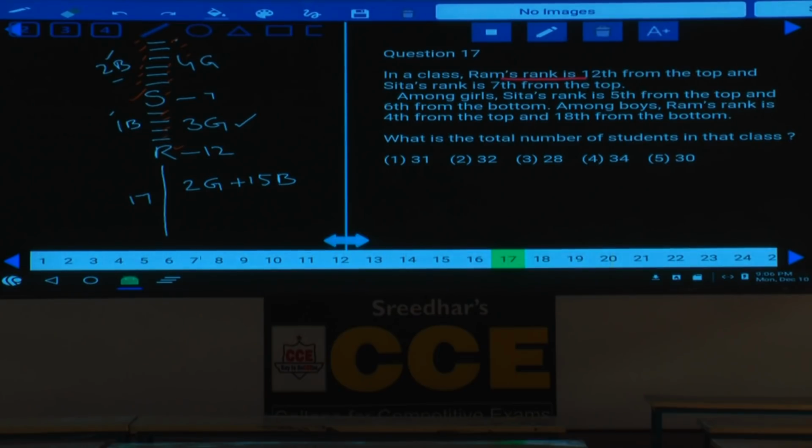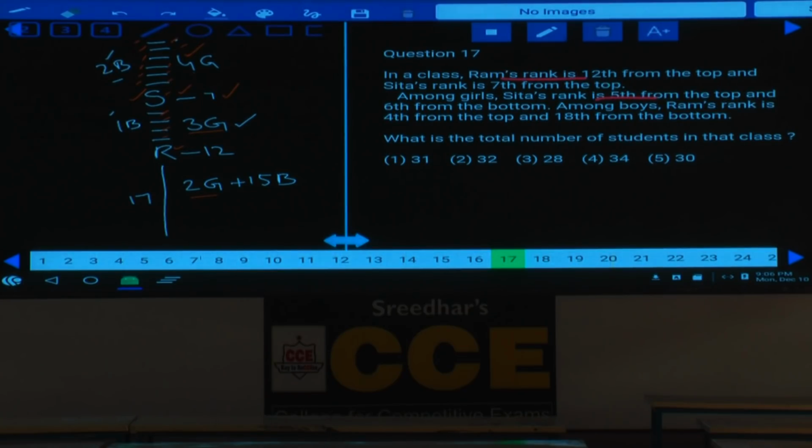Sita is 7th from the top, and among girls Sita's rank is 5th from the top. Now 4 girls are there, and 4 girls plus 1 Sita makes 5th from the top, and 6th from the bottom. 6th from the bottom means there are 2 girls here and 3 girls here, 2 plus 3, 5, and this person Sita is 6th from the bottom and 18th from the bottom.